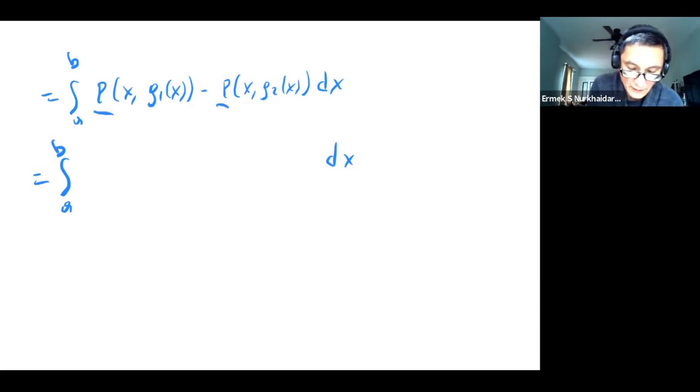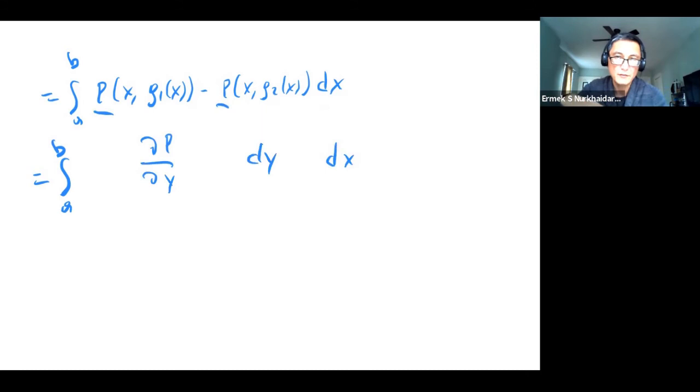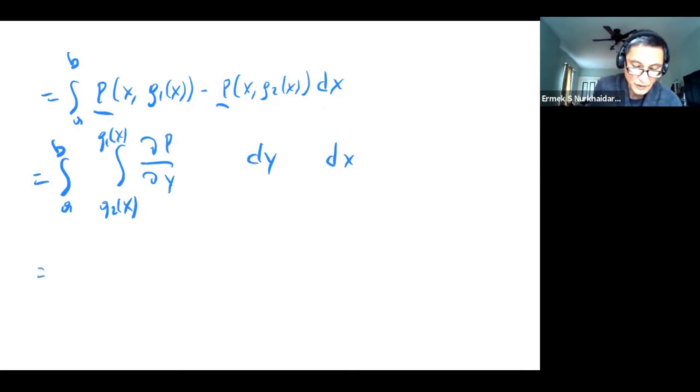So we take its partial derivative with respect to y. On top we have G1, on the bottom we have G2. And that is essentially our double integral over D.